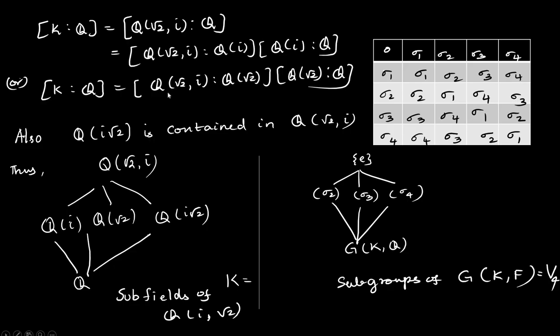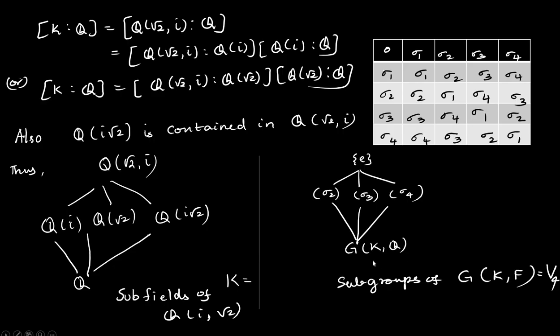So we have considered both. And Q(i root 2), when we consider it, is contained in Q(root 2, i). So this is the lattice diagram of subfields that we have. You start from Q. Via this you can reach this, via this you can reach this, and via this you can reach this. So the proper subfields we have are these three.